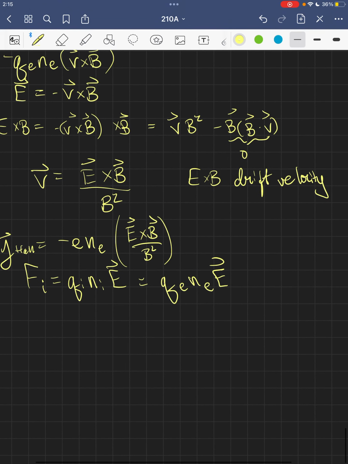So this has to equal negative e n_e V cross B, using the equation that we already showed.